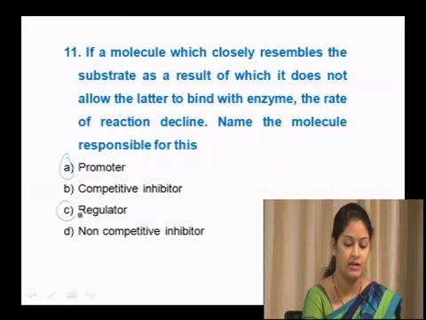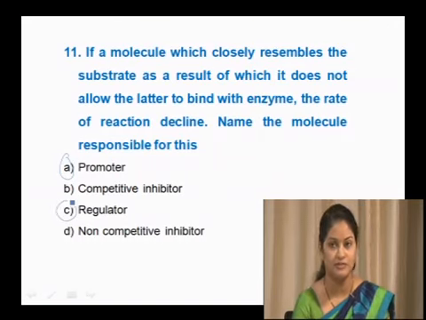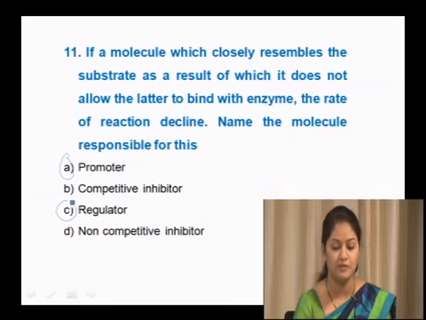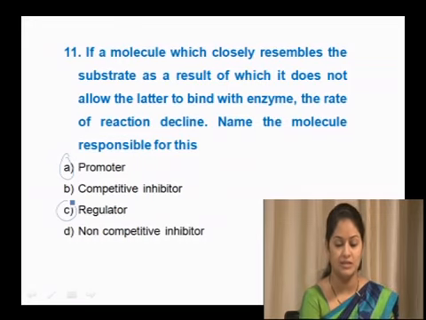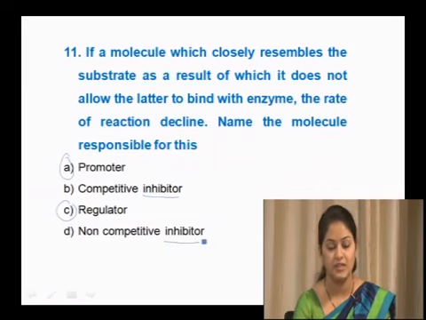Promoter and regulator are not associated with enzyme action at all. Therefore, those two are not the right answers, so exclude them. We are left with competitive inhibitor and non-competitive inhibitor. Just remember, inhibitors are the group of chemicals which will drop the enzyme activity because of their association with the enzyme.